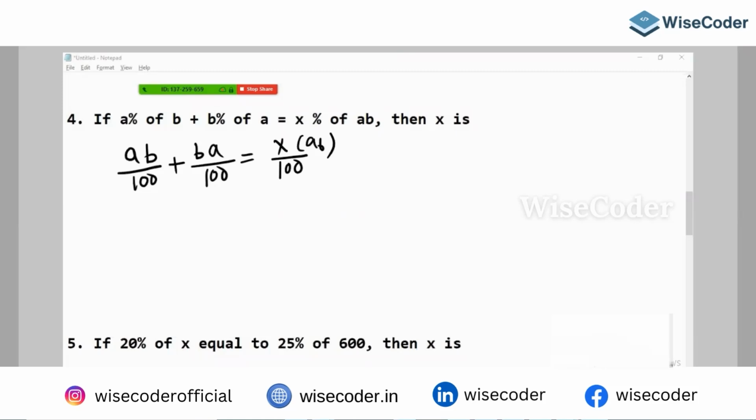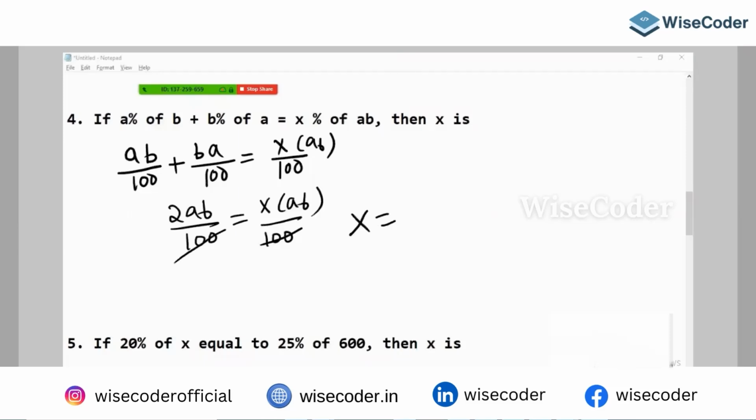So 100 will get cancelled. Yes or no? So this is going to be 2AB by 100, which is equal to X into AB by 100. So 100 gets cancelled.